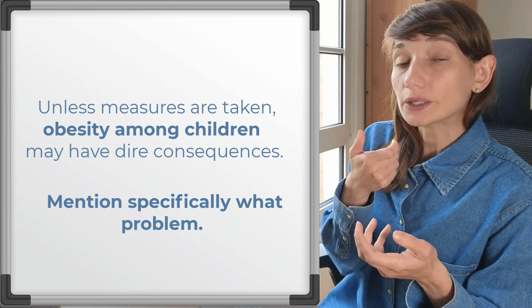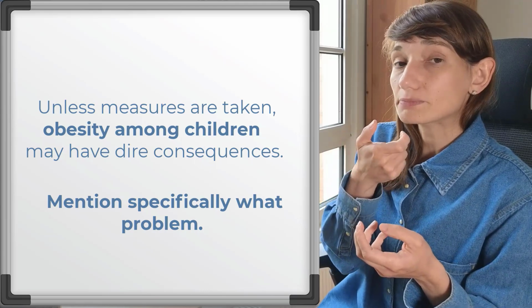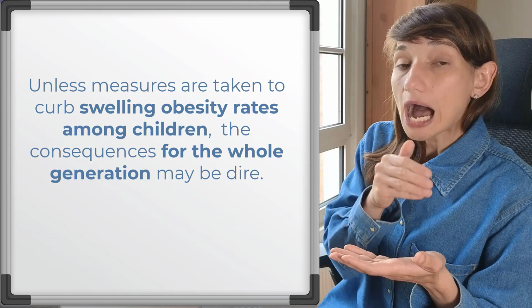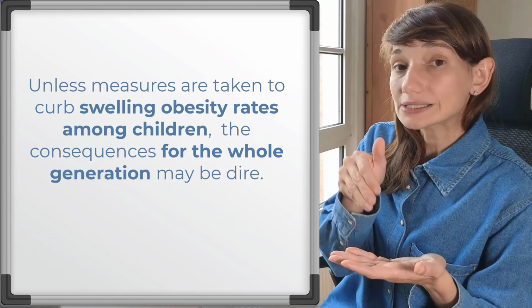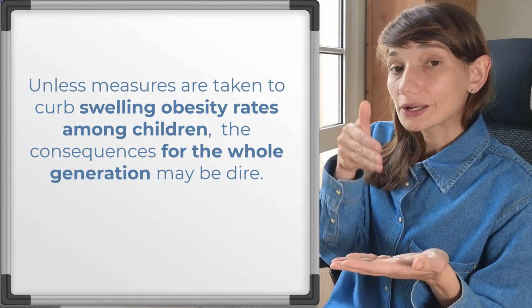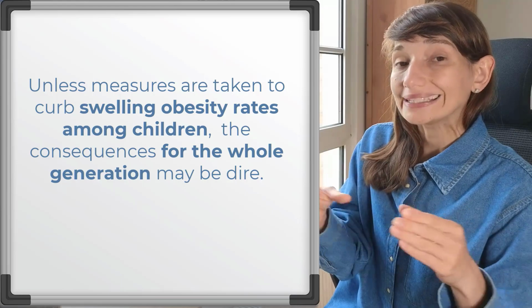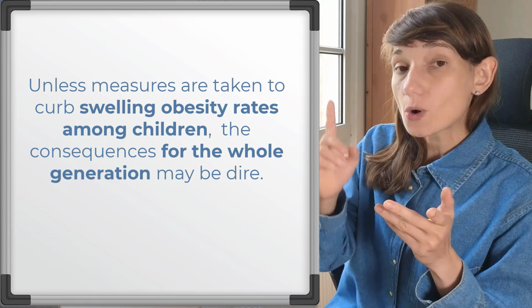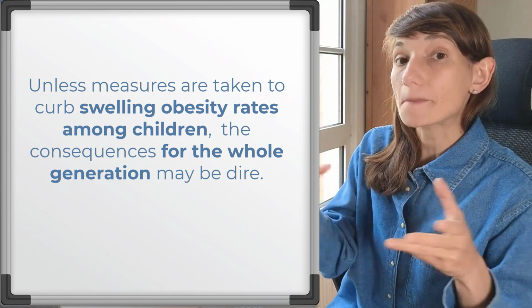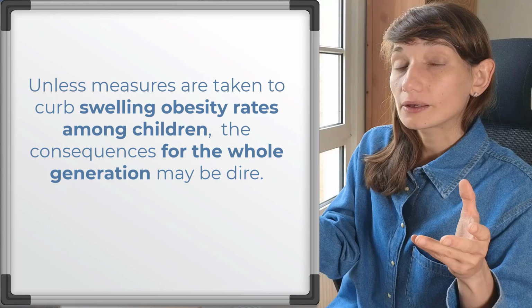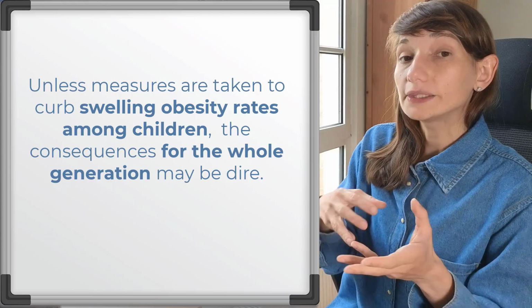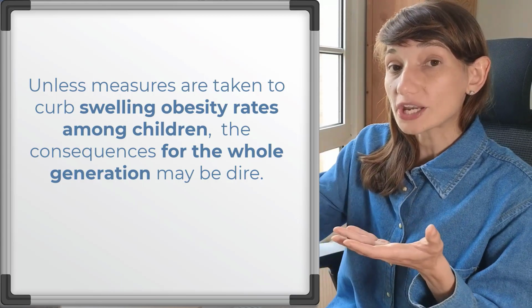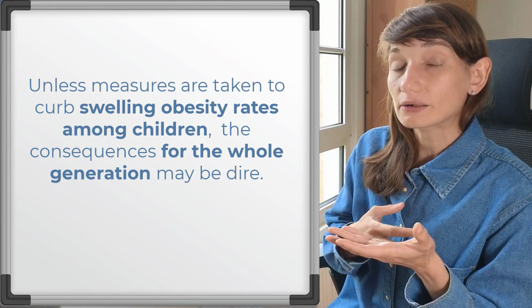Mention specifically what problem, not just this problem. For example, I can say, unless measures are taken to curb swelling obesity rates. Swelling means increasing, growing obesity rates among children. The consequences for the whole generation may be dire.